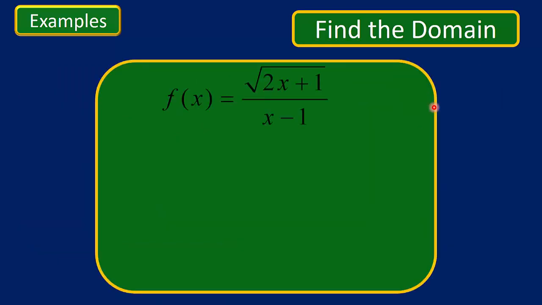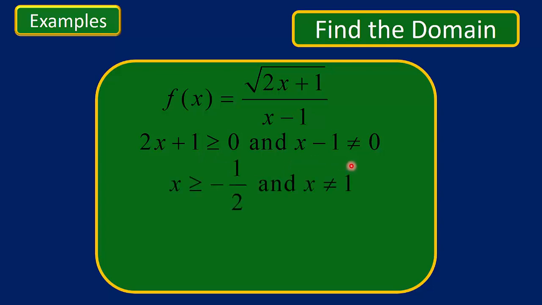Now let's look at a combination of it, case 1 and case 2, because notice in the top we have this square root. So 2x plus 1 has to be greater than or equal to 0. And at the same time, x minus 1 can't be equal to 0. Now that means that x has to be greater than or equal to -1/2, and x can't be 1.